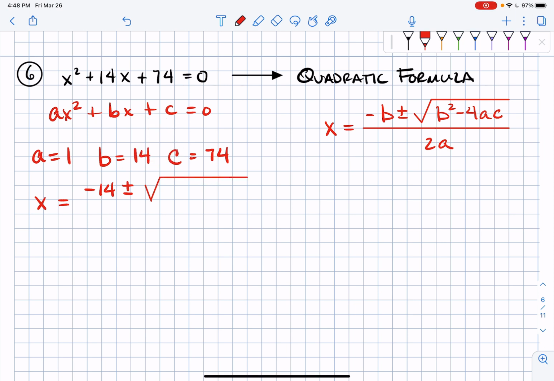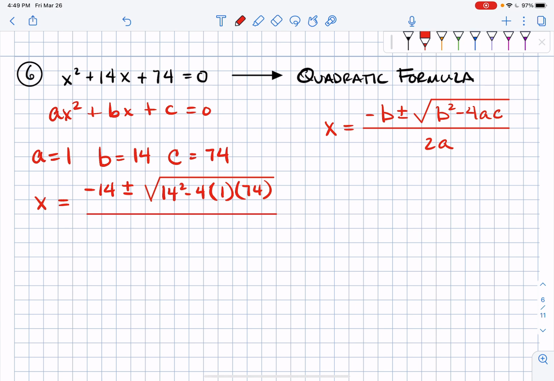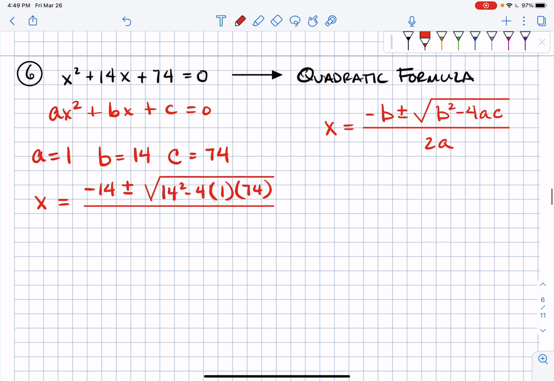b squared minus 4 times a times c. And that is all over two times a. Okay.